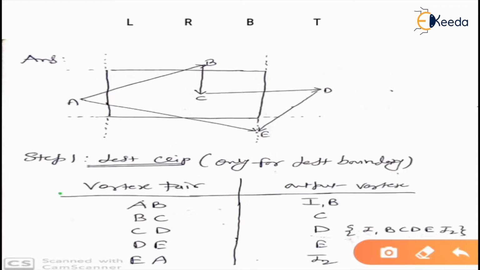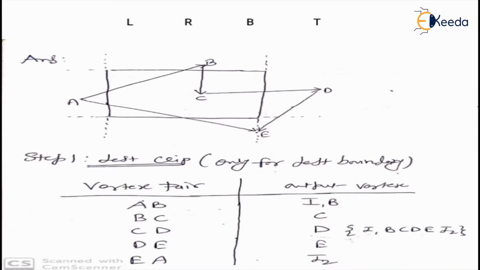First we draw two attributes, vertex pair and output vertex. The vertex pair contains the line which we want to clip.